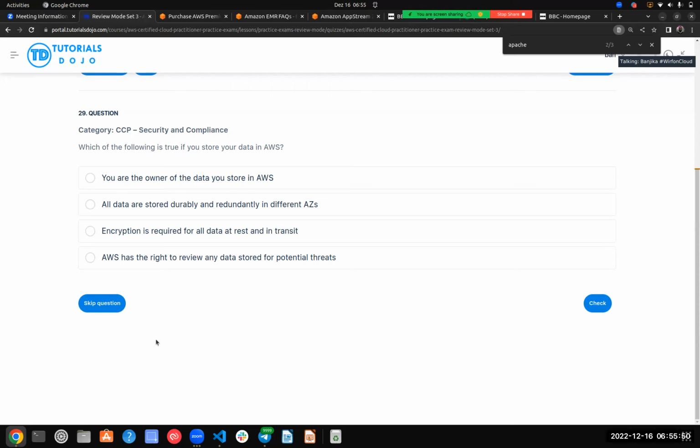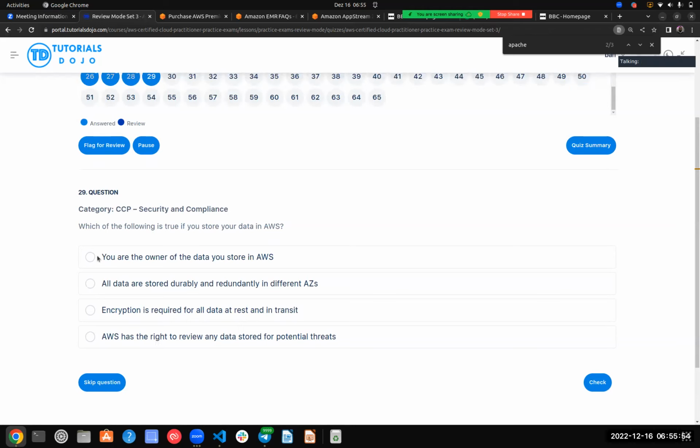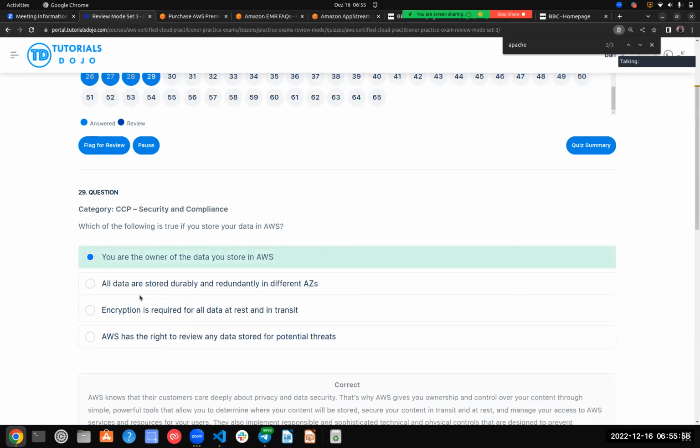Any thought? Yeah, supported. All data is stored durably and redundantly in different AZs. That's not true. You have to be the one to choose that. Encryption is required for all data at rest and in transit. That's not true. You don't have to always use encryption, but you can choose to do that.